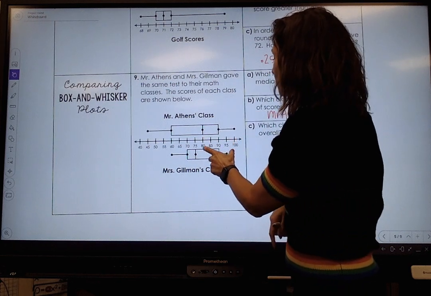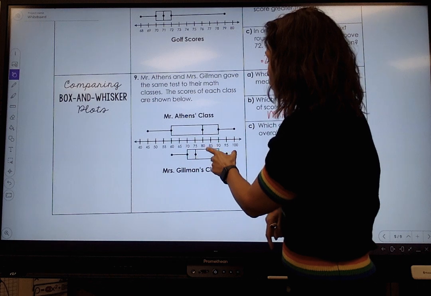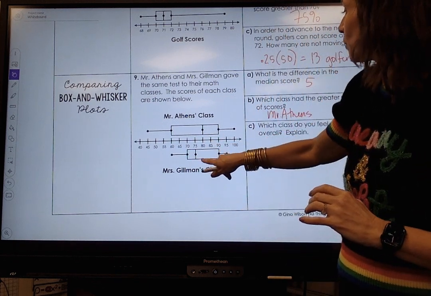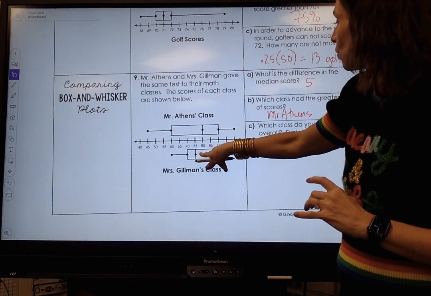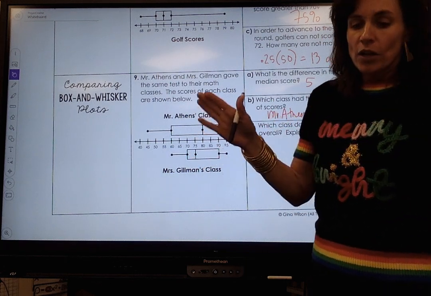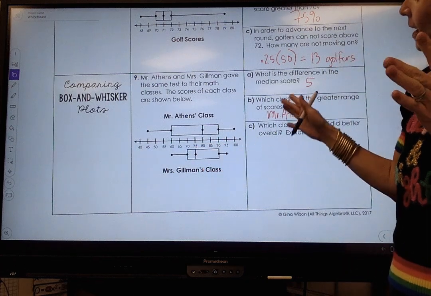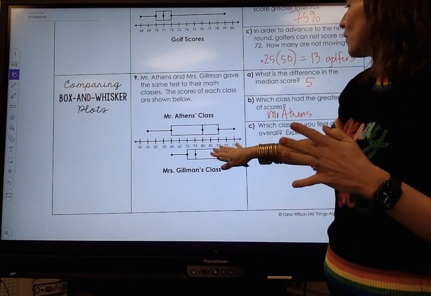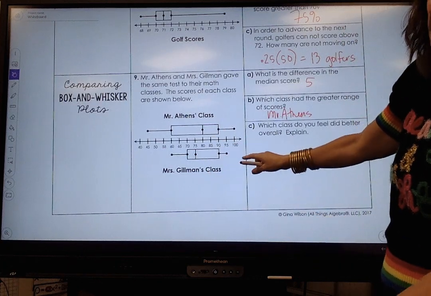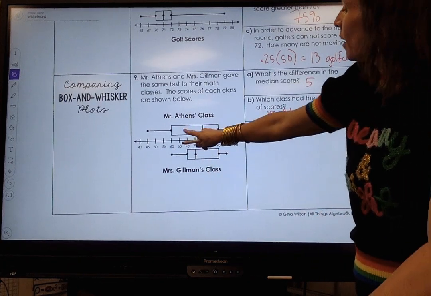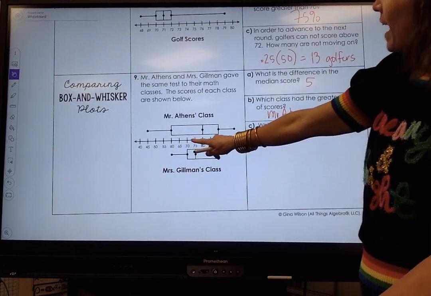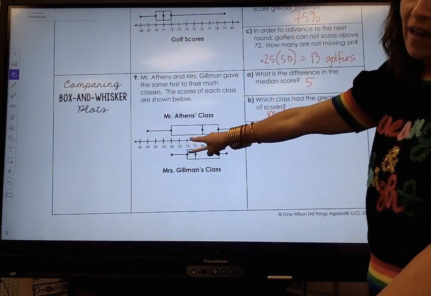And so 50% of the population scored above an 80, and then 50% of the students scored above a 75 to a 95. Okay, so when you look at it, it looks like Mr. Athens' class may have scored better, but when we look at the numbers, Gilman's minimum score was a 60, where Mr. Athens had a score of 45.